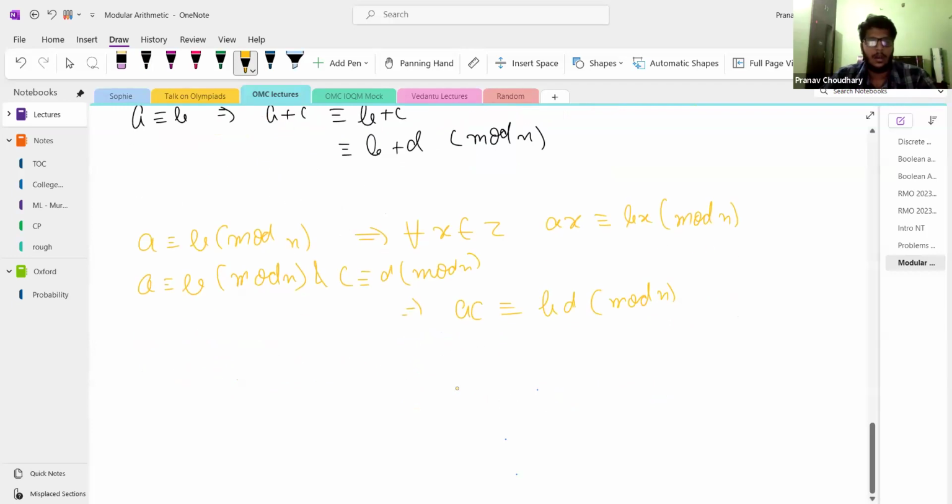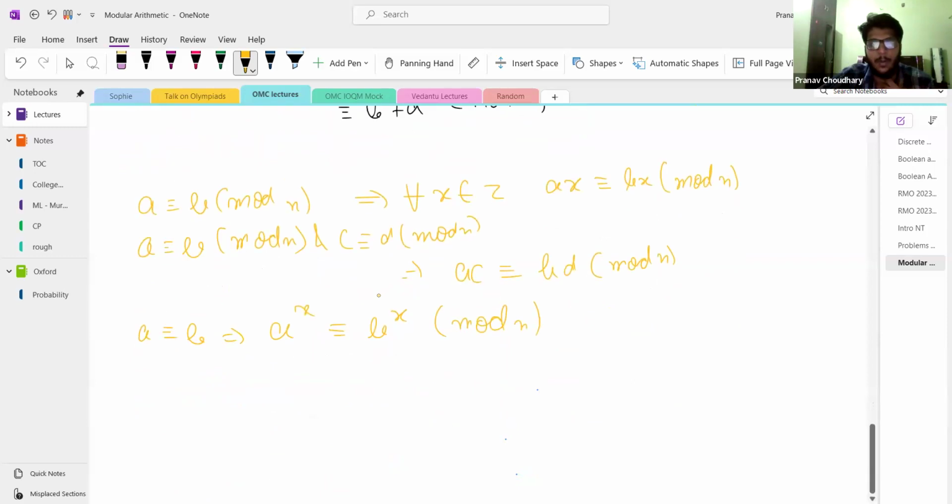We can also see that a congruent to b implies, not writing mod n, a to the power x is congruent to b to the power x. This is also true. Okay, that's it. So these are some basic things about modulo.